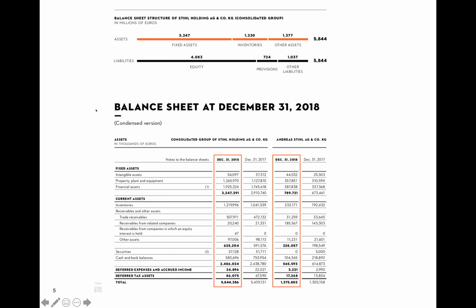Something that might be surprising for you is the amount of inventories that they have, and also that they are able to still keep quite a bit of money as cash in the bank, although they don't seem to be a risky company. But maybe they are keeping this money for future investments, or to be ready in case things get a bit more complicated and they need some cash to cover up some potential losses.